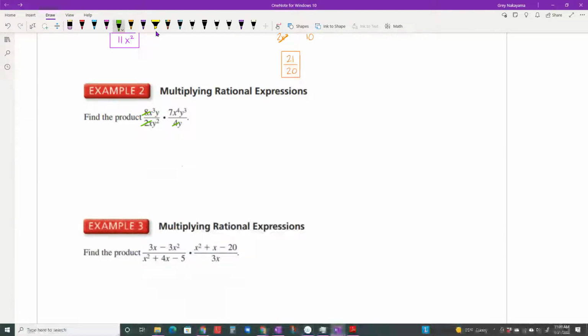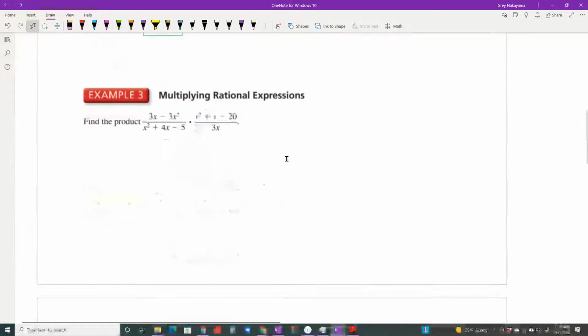Then when I'm looking at my x's, I have 7 on top and 1 on the bottom, which is going to leave me 6 on top. And I have 4 y's on top, or you could look at this: y squared times y is y cubed. There's a y cubed, so I only have y on top. So we had 6 x's and a 1 y, and then of course only the 7 left.